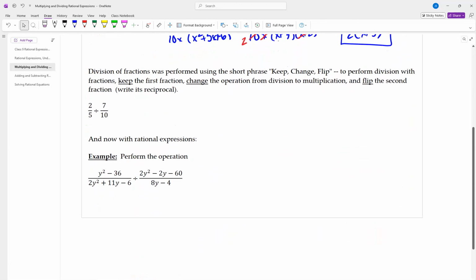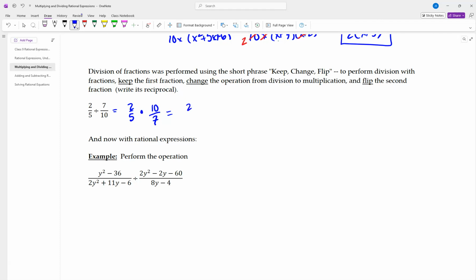Division, same principle as with fractions. Just a reminder of how to do that. You might have heard this phrase of keep, change, flip. That's the short process that I keep in mind. I would keep the first fraction alone, change the sign from division to multiplication, and then flip the second fraction, change it to its reciprocal.